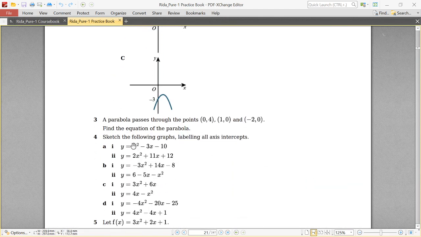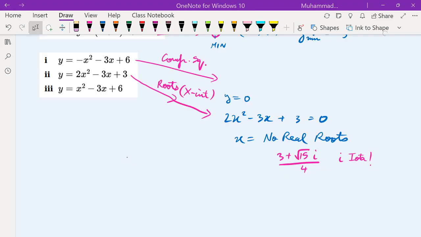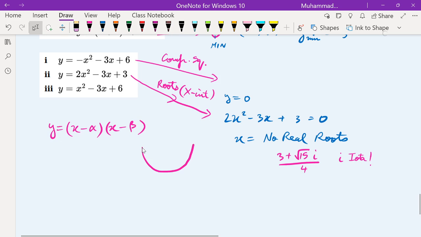Now what I wanted to do was get the roots, and just share with you in general that if you got the roots like this, x minus alpha and x minus beta for any y, that means the curve is crossing at alpha and beta. These are the roots.